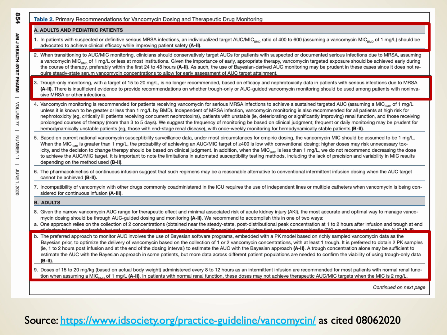So the preferred method in adults in item 8B is to use a software package that helps us calculate this area under the curve modeling based on population norms initially when we start dosing, and then we can customize those results by back extrapolating timed levels into the same software package and then predicting how this patient's responding to vancomycin. And I know for most clinicians, if you're not a pharmacist, this is kind of above and beyond what you would want to do. And so just know that there's a pharmacist to really help facilitate this for you in the hospital.